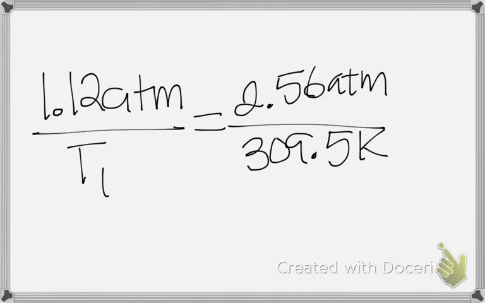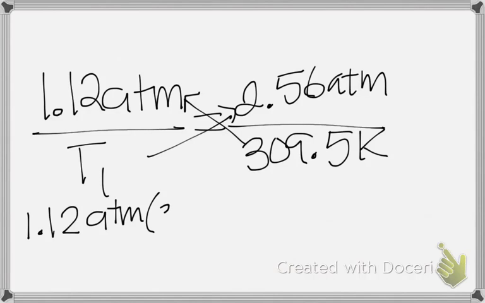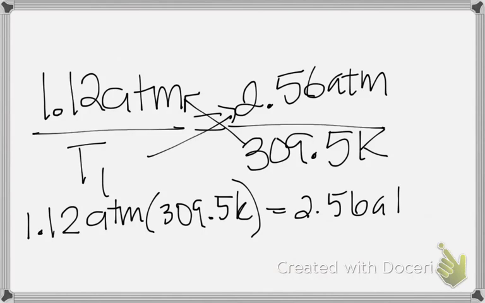So what I usually do, I'm not sure how you guys do, whatever way is best for you, I cross multiply. Okay, so in this case, I have 1.12 ATM times 309.5 Kelvin equals 2.56 ATM times T2.